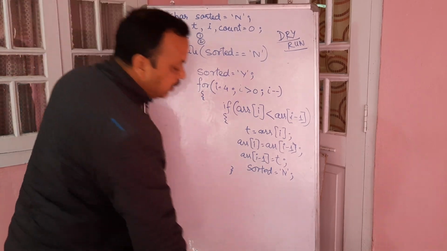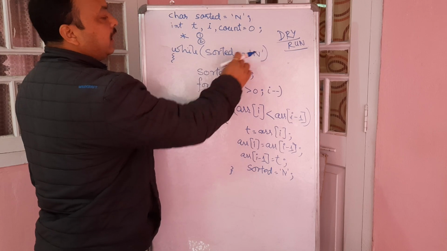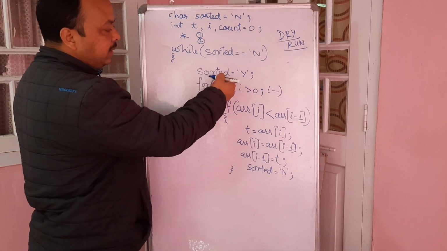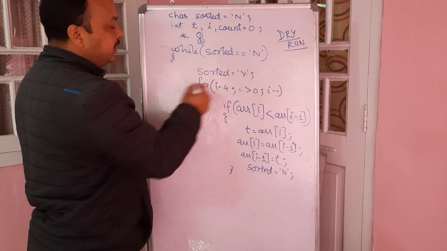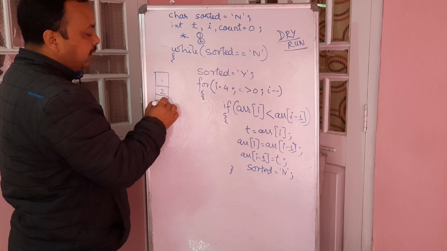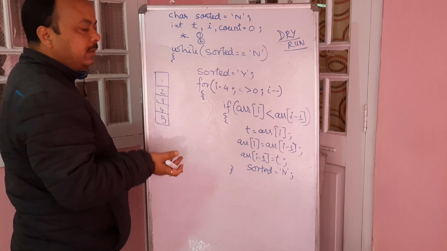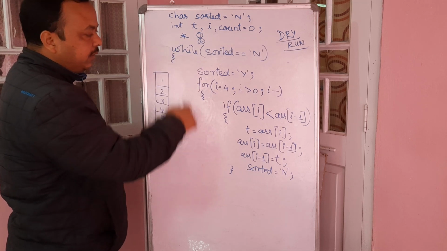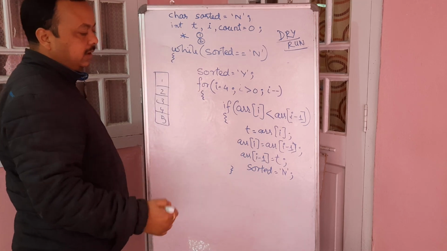Why did we take the value of sorted as n initially? We are considering that the array is not sorted. But as soon as we come inside, we said sorted is equal to y. That means we are taking for granted that the array has all the values in order. So I don't need to sort it. So if I don't need to sort it, this loop will fail next time. So if the loop fails, then the array is sorted.